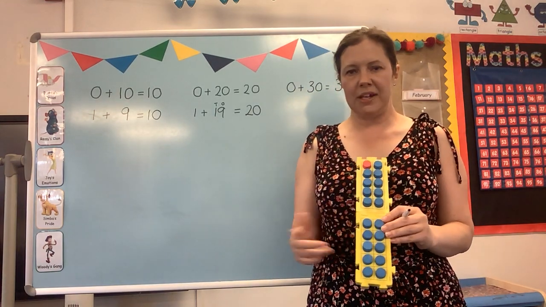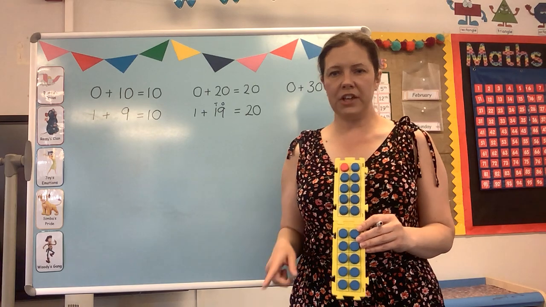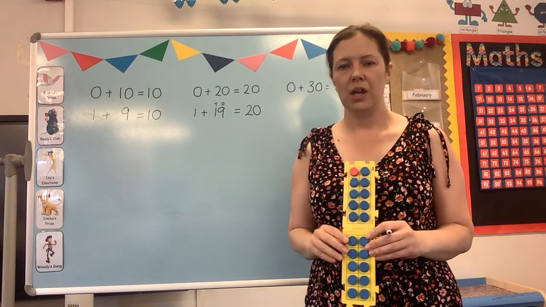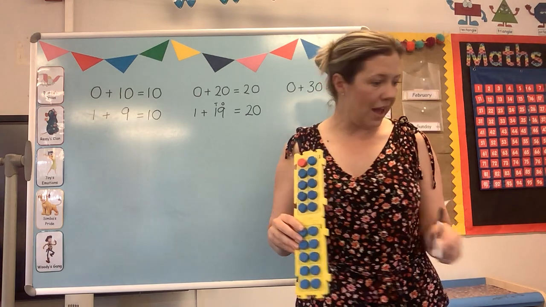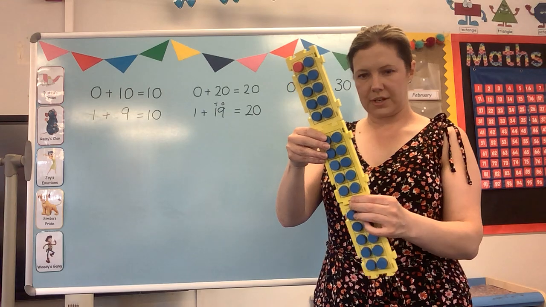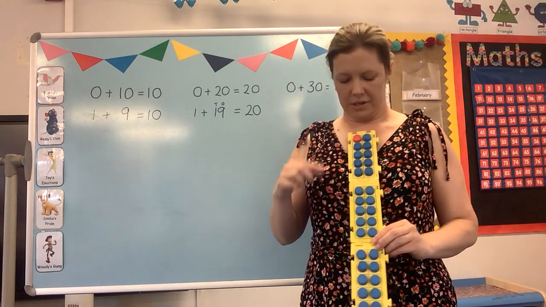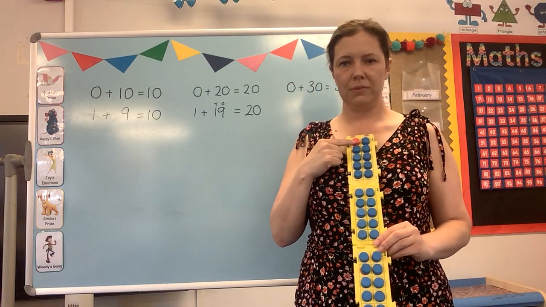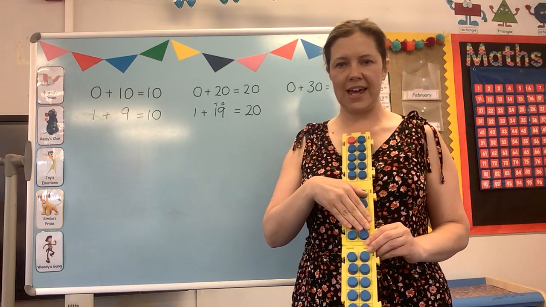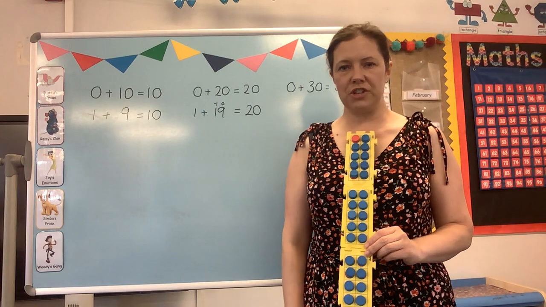So if we've got 1 and 19 made 20, what if we had 30 apples in the bag then and we had 1 good apple? How many bad apples would there be then? Well, we'll get our 10 frame again. I'll have that on like this, look. So then I've still got my 1 good apple, I've got my 9 bad apples plus another 10 plus another 10.